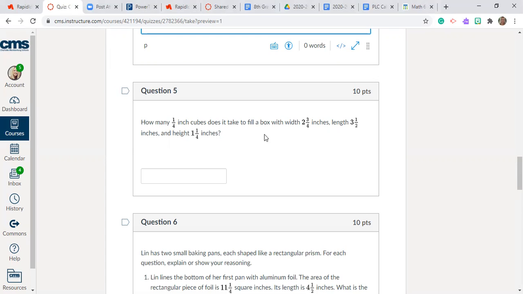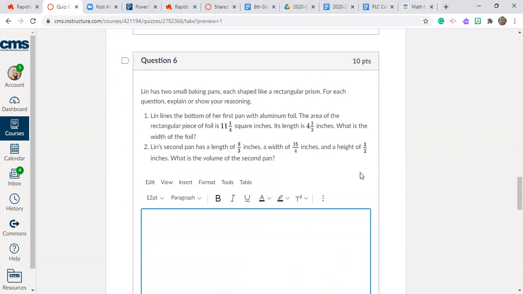The first thing you're going to want to do is figure out how many 1/4 inch cubes will fit inside each of these lengths. Once you figure that out, you're going to use the formula for volume. Volume equals length times width times height, and multiply those 3 numbers together to get your answer. Go ahead and pause and do the work.